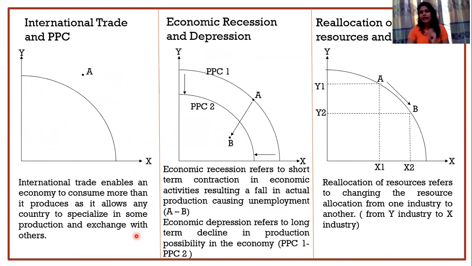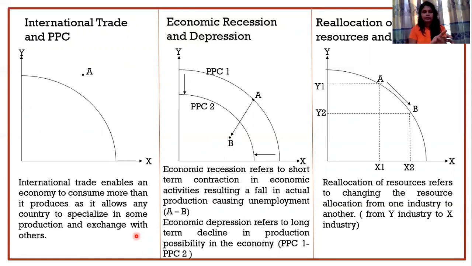International trade and PPC. International trade, yes, we'll be discussing in our future sessions as well. That is a separate lesson. But generally, as we all know, international trade allows an economy to specialize in what it is good at producing, and produce it more and exchange it with other countries.